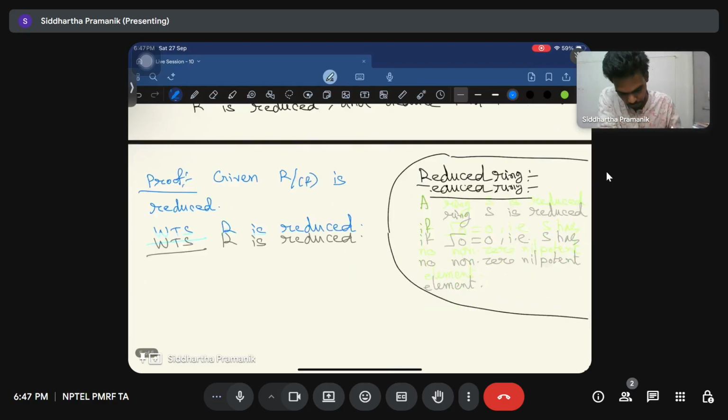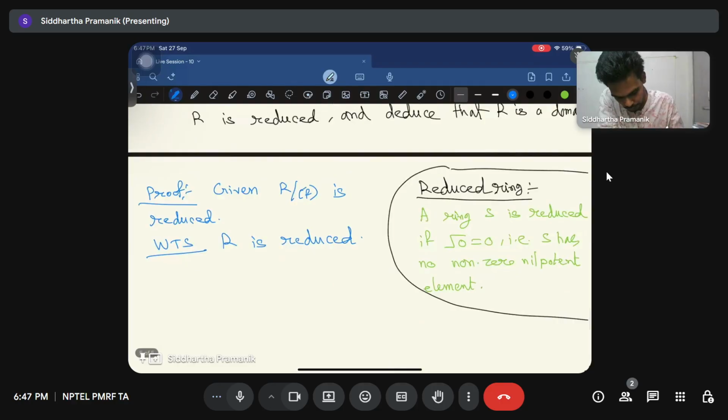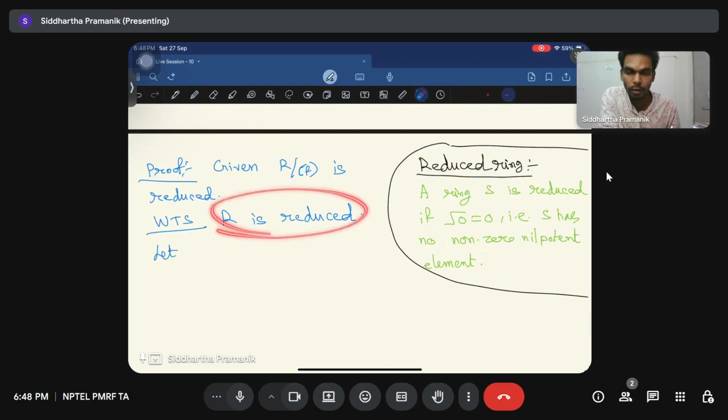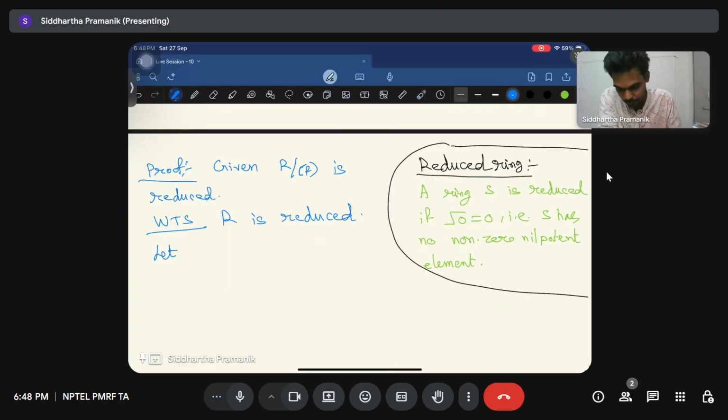So we need to prove that R has no non-zero nilpotent element. So let's take a nilpotent element and prove it is 0.